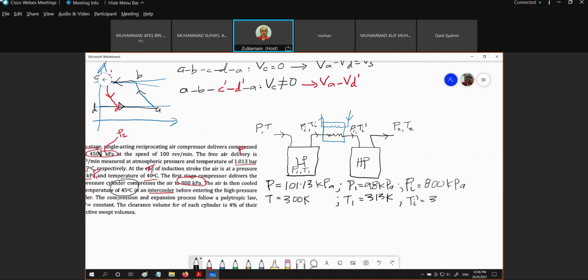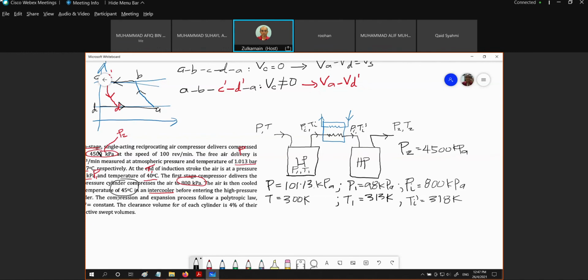Right? Check, guys. 45 plus 273, so 318, not 313. And then lastly, we have our P2. P2 is given, we need the P2 to be 4500 kPa.